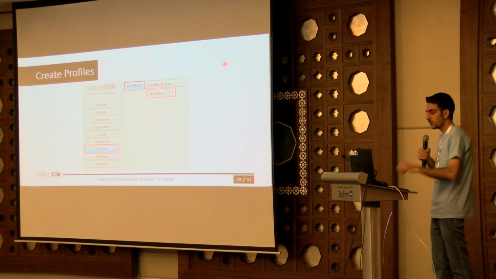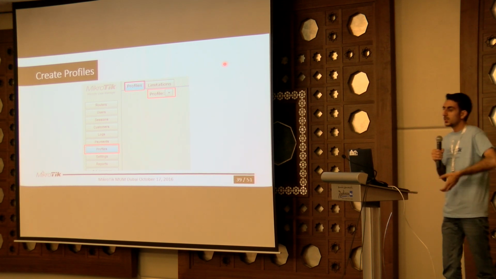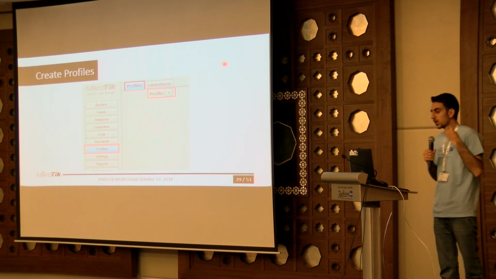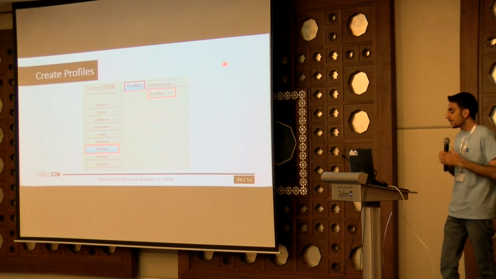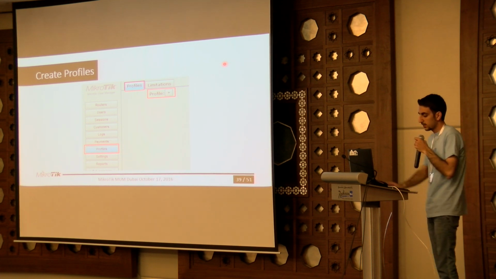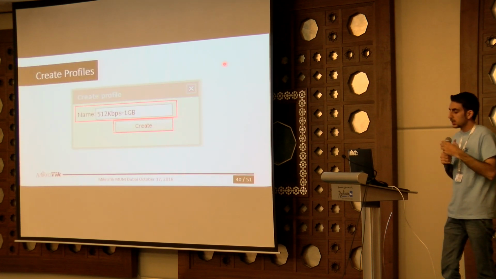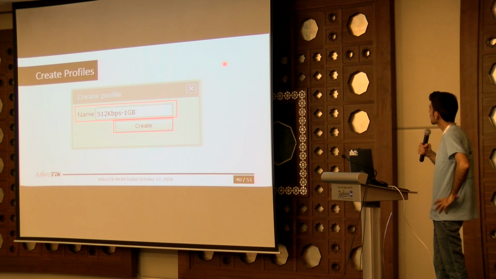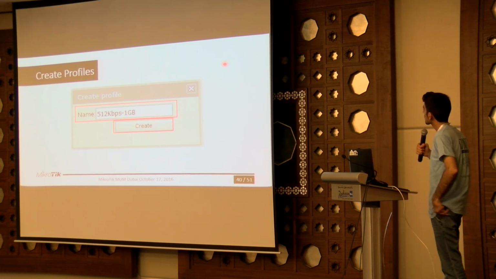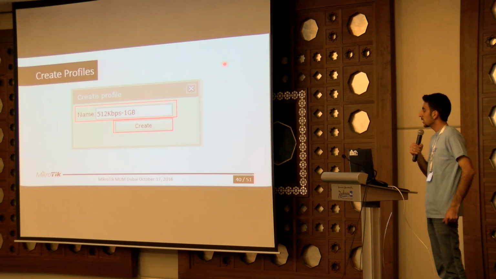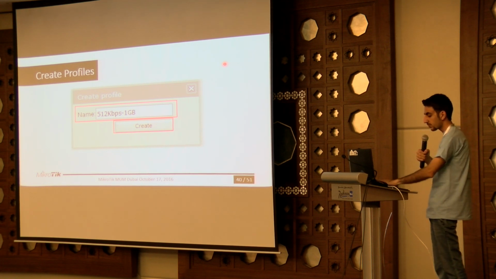We can use this limitation in profiles. To create a profile and use the limitation, we should click on the profiles button and go to the profiles tab. After that, we should click on add. After clicking on add, we should specify a name for the profile and click on create.